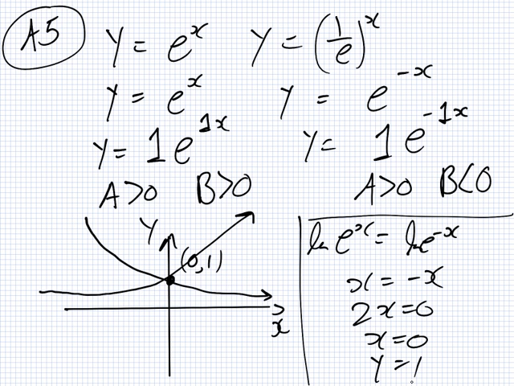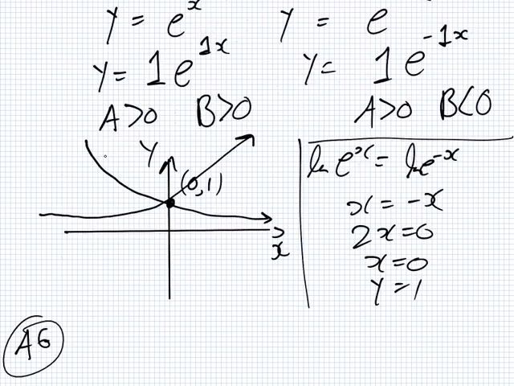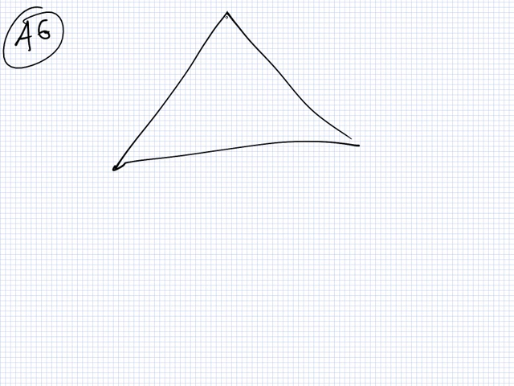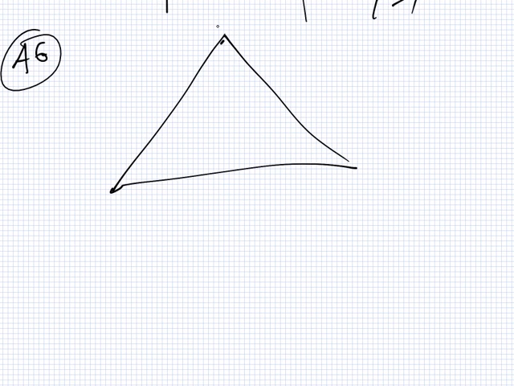What's A6 about? Can I scroll down? Triangle. Oh sorry Lucas, do you have this? Yes? Okay. A6. What do I give you on the triangle? What's this side called? Is it A? A, B, C. And this one? 58.